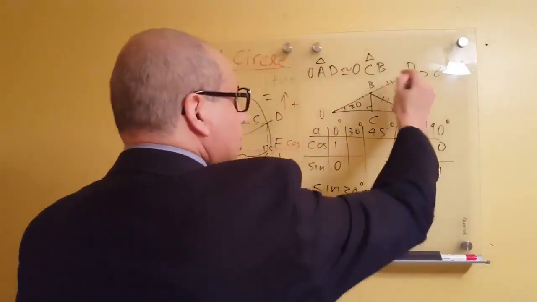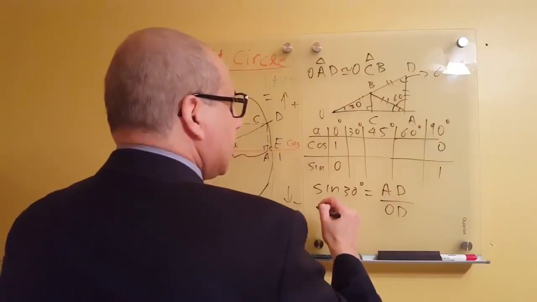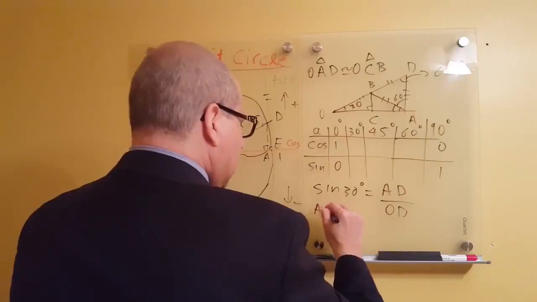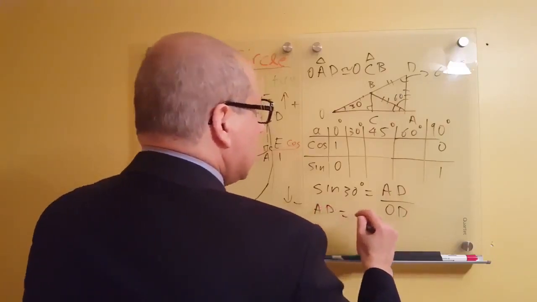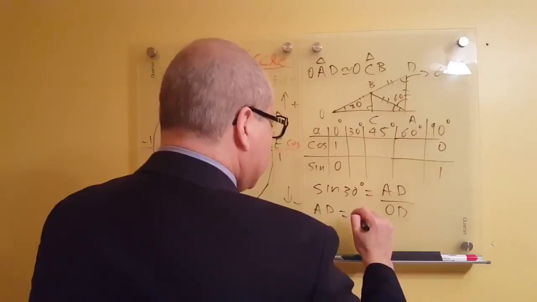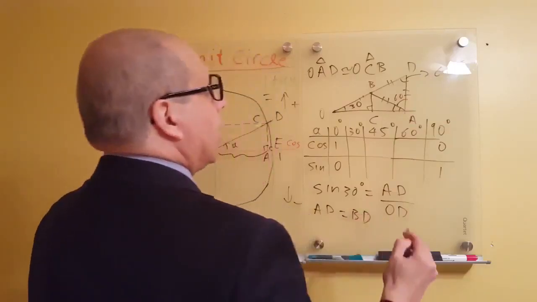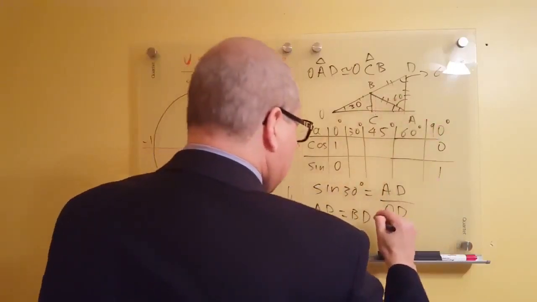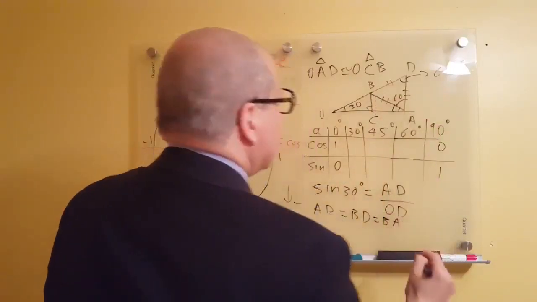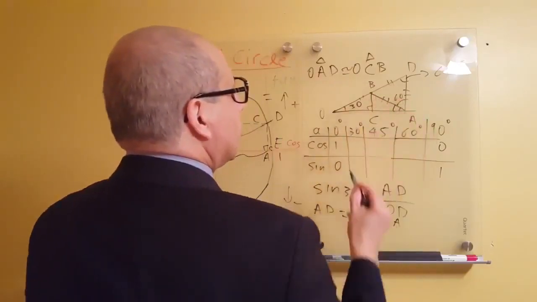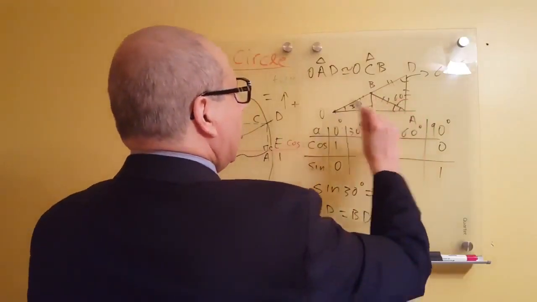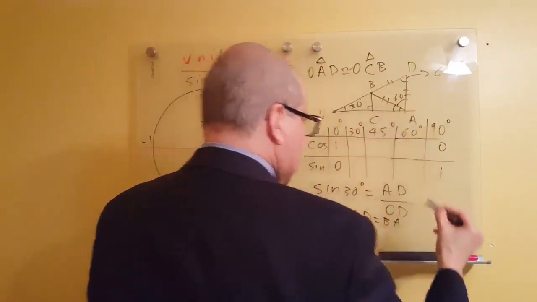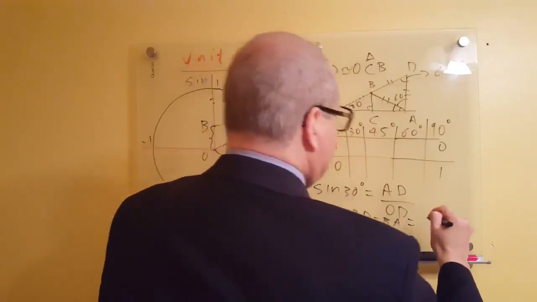So we said that because this is an equilateral triangle, we have that AD is equal with BD. And of course it's equal with BA. And of course BA is also equal with OB, because the BOA is also an isosceles triangle.